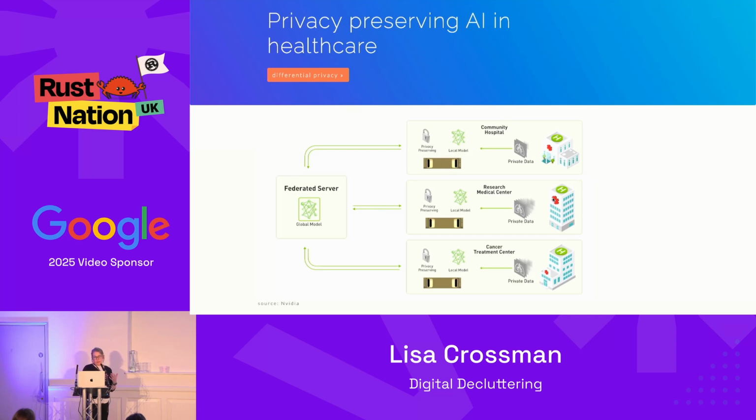Then all you need to do to share that is just share the weights from the AI model into a global model, and then you can just keep going, downloading and uploading and improving the model. This is part of differential privacy, which is mainly about adding noise to the data so that it can become private.